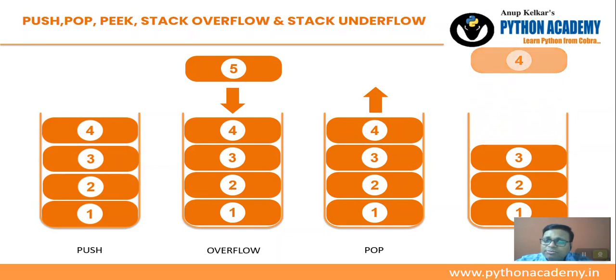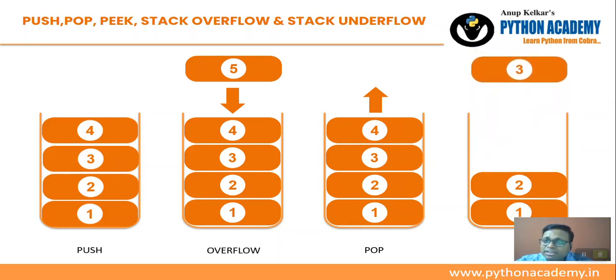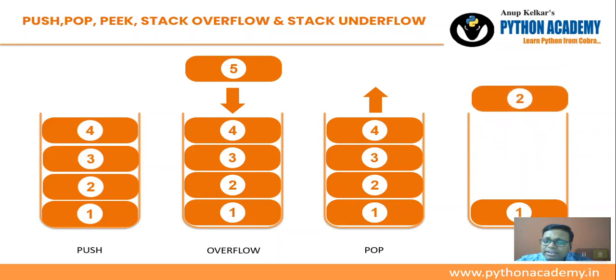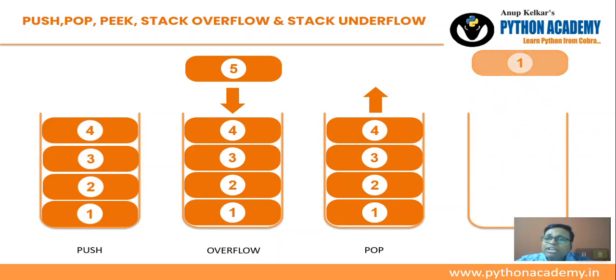The fourth has been removed first, then third, then second, and then first. And when all the elements have been removed, it will be termed as an empty stack, or another term is stack underflow. So these are the various operations which can be performed in the stack.